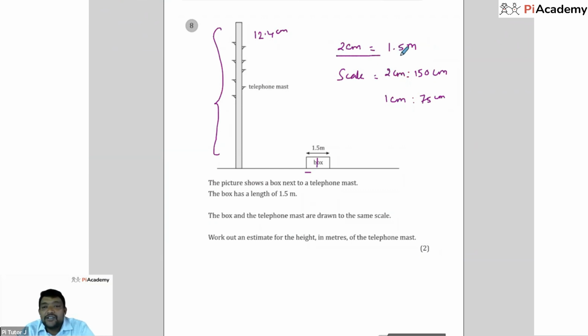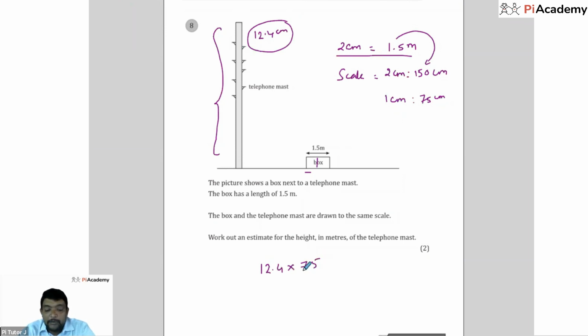You see that? I'm giving you for now, it is 2 centimeters. So 2 centimeters is 1.5 meters. So the scale is 2 centimeters to 150 centimeters. 1.5 meters is 150 centimeters. So 1 centimeter is 75 centimeters. The telephone mast is 12.4 centimeters. So the height would be 12.4 times 75.